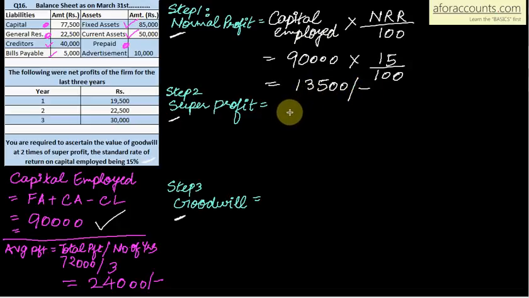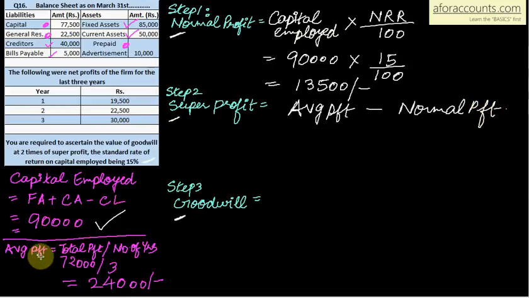Now let's calculate super profit. Super profit, the formula is average profit or actual profit minus normal profit. We have also calculated average profit, 24,000, over here. So 24,000 is what we earn.